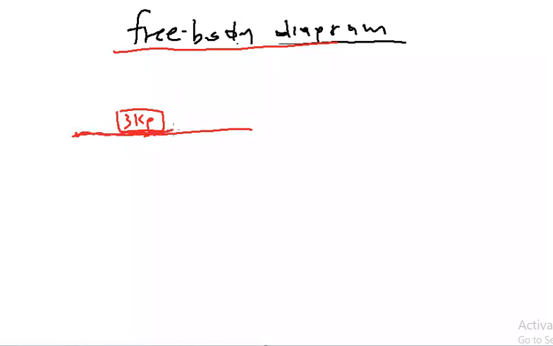The surface is still rough, but the force is applied at an angle. Let's say angle theta. So the force now is applied at an angle, force applied.